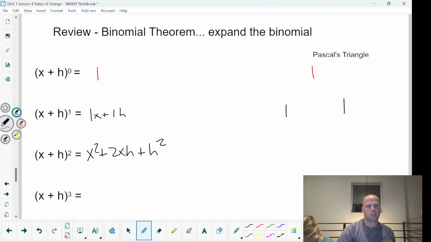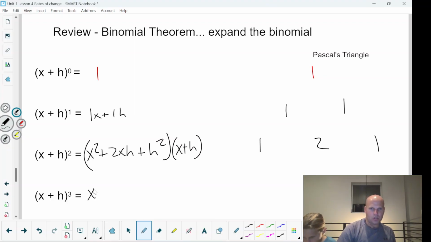Now notice that the x's are going down until they disappear. Meanwhile, the h's are gone, and then they start showing up. But I can see I have a 1 and a 2 and a 1. Well, what's x plus h cubed? If you were to do it out by hand, it takes a little bit of time. But you can kind of see, we'll distribute the x to everything, and you get this, this, this.